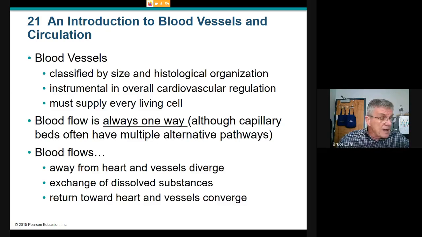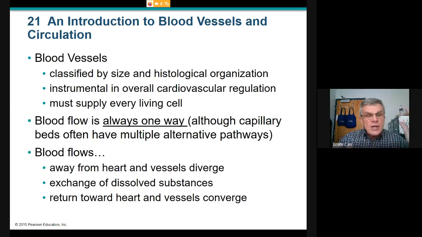Now, blood vessels are going to be classified by size. Since it's a branching tube network, it's going to leave the heart as a great big rounded tube, and it's going to start splitting into smaller and smaller tubes.